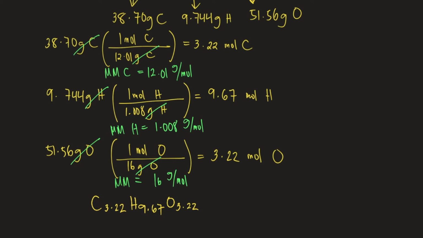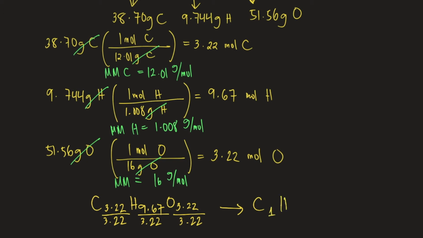So what you do is you divide all the subscripts by 3.22. Divide this by 3.22, divide this by 3.22, and divide this by 3.22. For carbon, 3.22 divided by 3.22 is obviously 1.